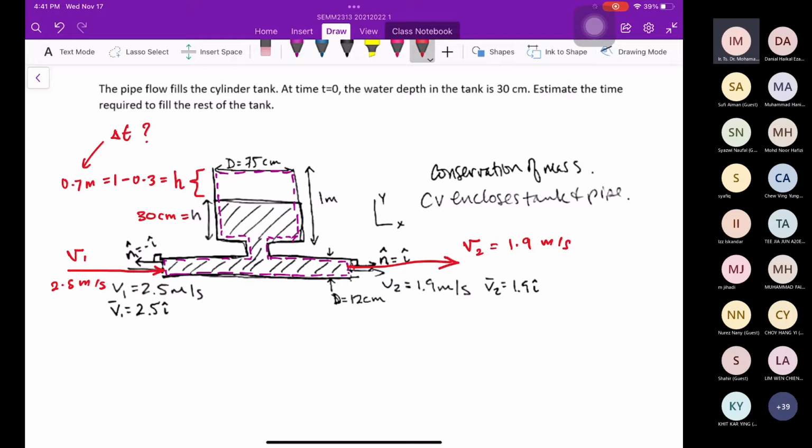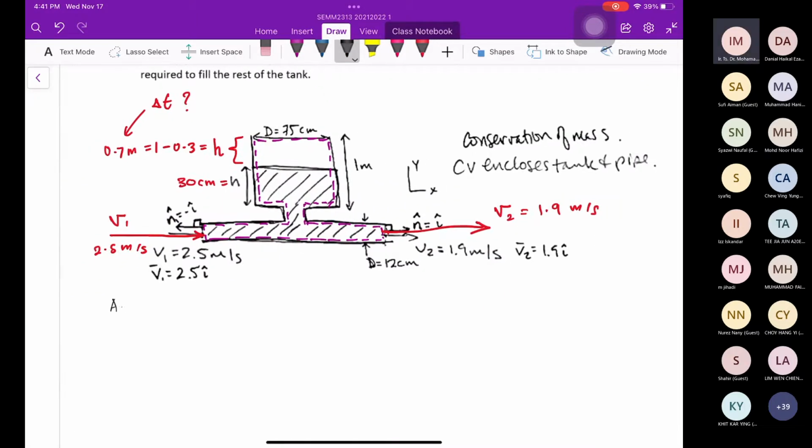So by applying the conservation of mass, using the Reynolds transport theorem, we know that when conservation of mass, the mass flow rate for the system is conserved.